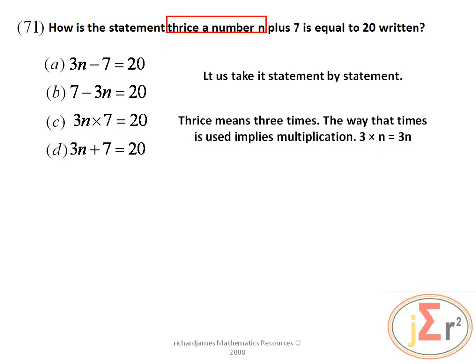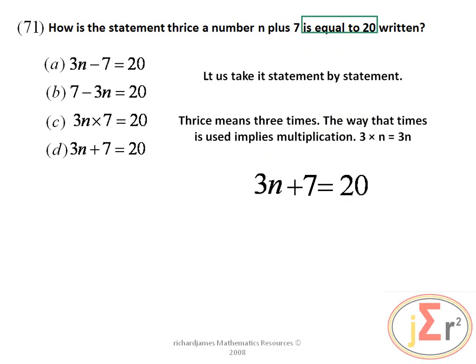So 3 multiplied by n is equal to 3n. Plus 7, no explanation for plus 7, we just plus 7. This one is equal to 20. That's very straightforward. The answer is option D.